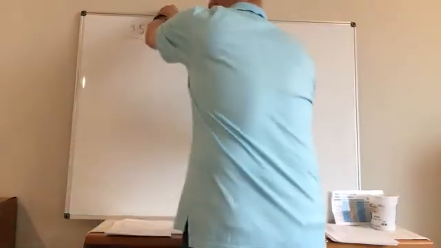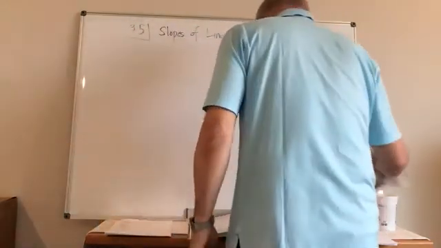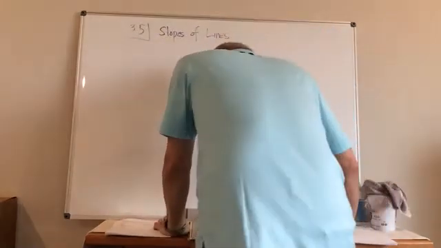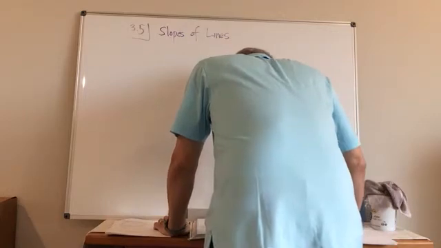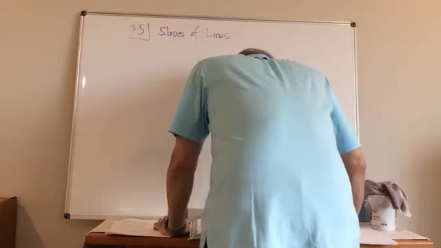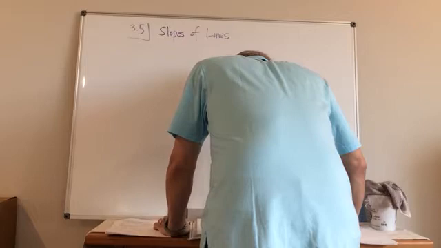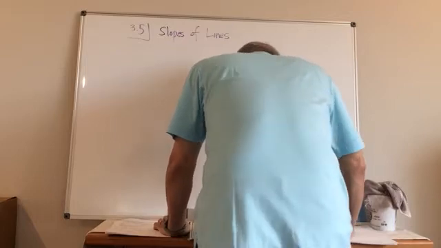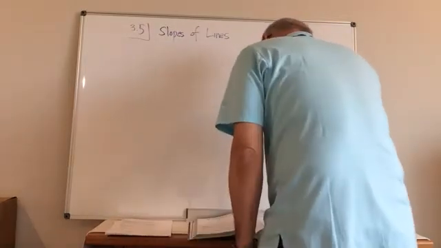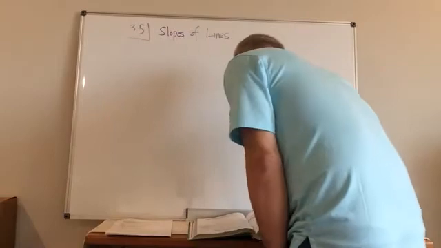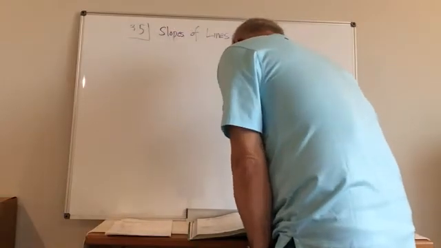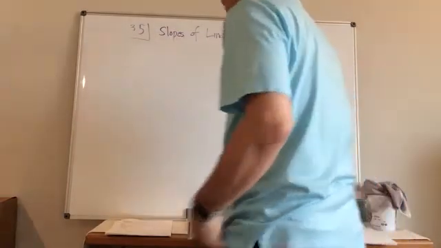Top of 184, it shows 3.5-1 and 3.5-2. Parallel lines theorem. In a coordinate plane, two non-vertical lines are parallel if and only if they have the same slope. Any two vertical lines are parallel, okay? So everyone understand why they said two non-vertical lines?